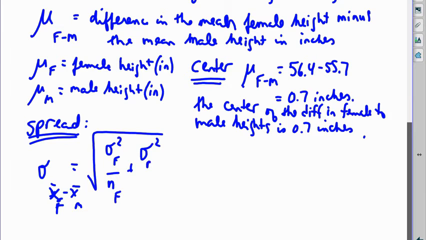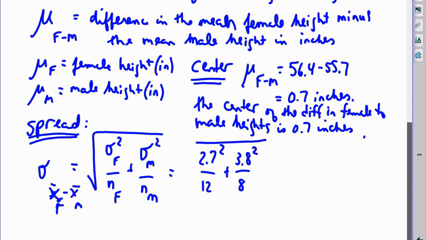There's no pooling ever in a situation like this, so let's put these numbers in. 2.7 squared over 12 plus 3.8 squared over 8. That's 1.55322. That's probably long enough. And that's also inches.